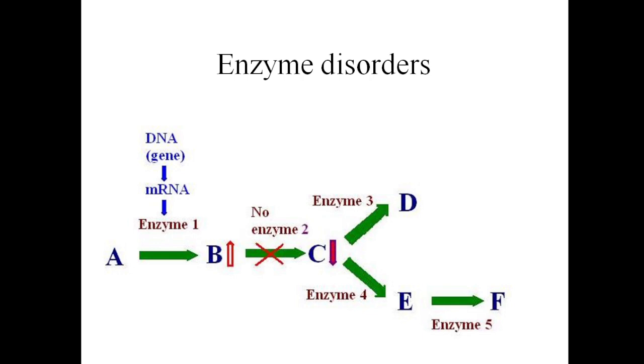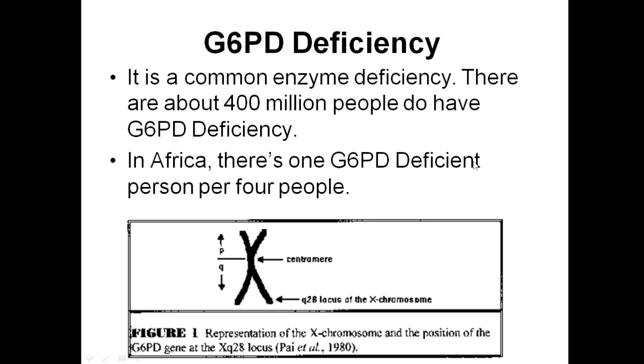Enzyme disorders. Mutations in genes of the corresponding enzymes lead to disruption of normal metabolic pathways. For example, glucose 6-phosphate dehydrogenase deficiency.